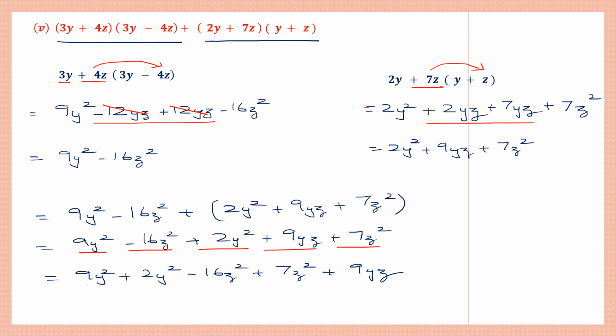Now let's work on the like terms here. So here 9 plus 2 is 11. 11y square. Here we have minus 16 plus 7. Signs are different. Put the sign of the bigger number and subtract. 16 minus 7 is 9. So that is minus 9z square. And the last one 9yz. So we have a final answer here, 11y square minus 9z square plus 9yz.